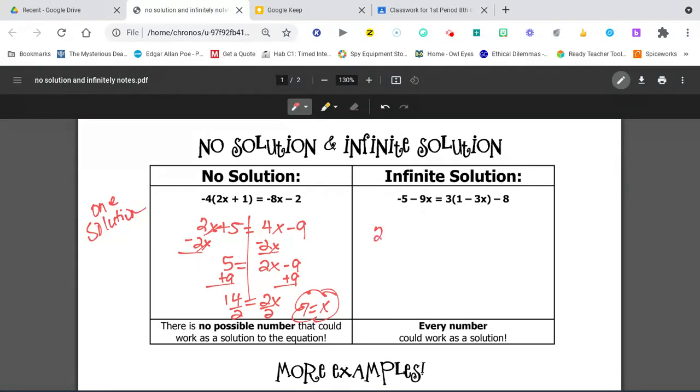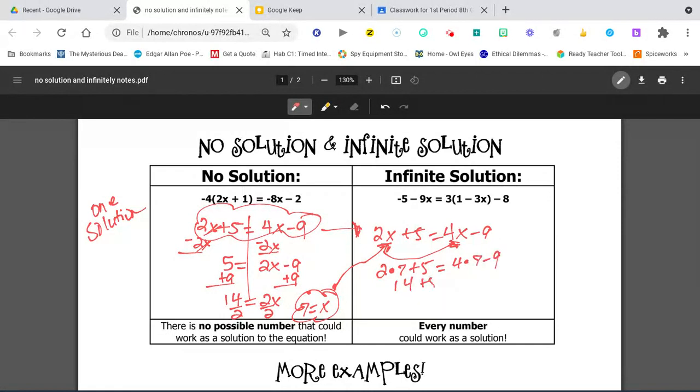And when I take the 2x plus 5 and set it equal to the 4x minus 9, and I plug in an x of 7, so change this to a 7, and change this to a 7, I will end up with 2 times 7 plus 5 equals 4 times 7 minus 9.